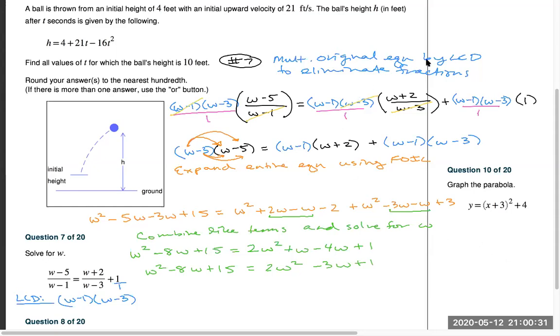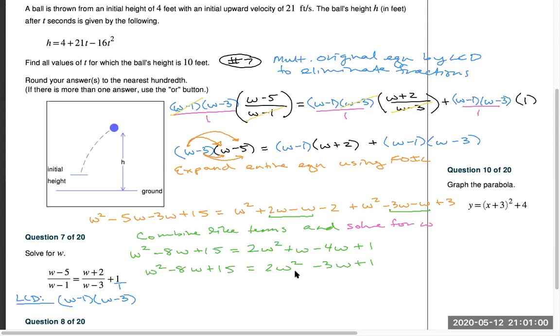Okay, let me actually put the solve part in a different color, so that we know we already combined our like terms in green here, and now solving for W means we have to get all the terms to one side of the equation and have a 0 on the other side.